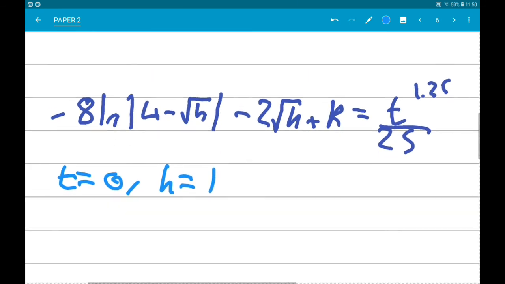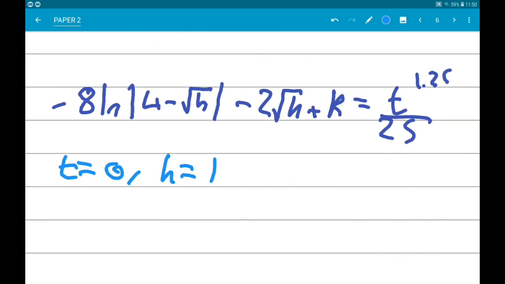So that's going to give us minus 8 the log of 4 minus 1, so that's 3, so we don't need the mod. So minus 8 log 3 minus 2 add k is 0.